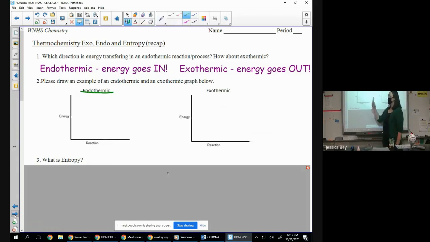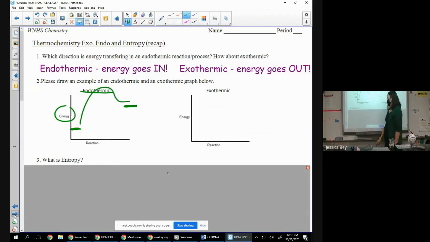Endothermic means I take energy in, correct? So if I'm looking at a graph and the energy is higher as you go up, that means at the end, my products, I want to be higher. And at the beginning, I need to be lower. And then the graph's kind of weird. You give it a little hump and then you end out there.